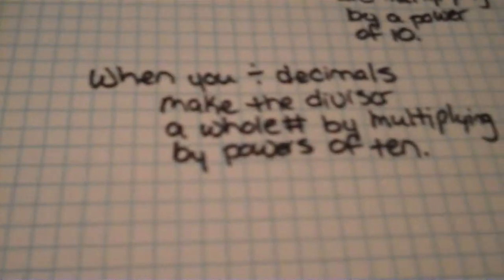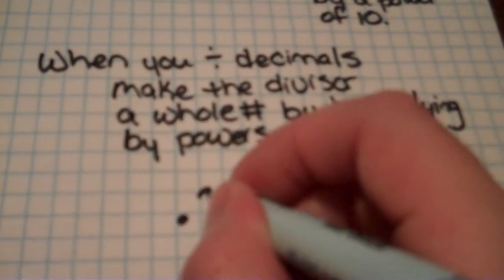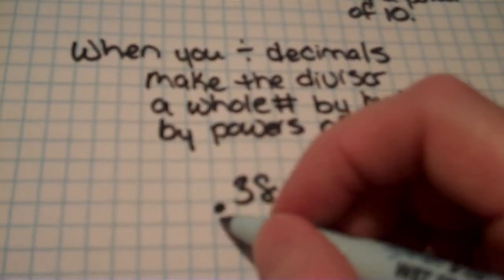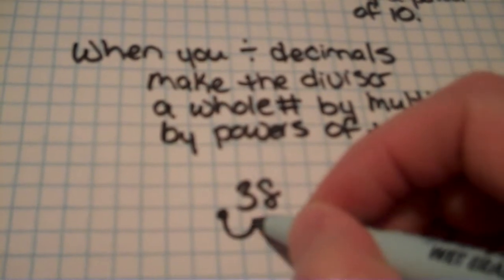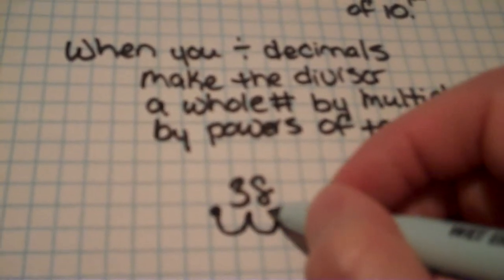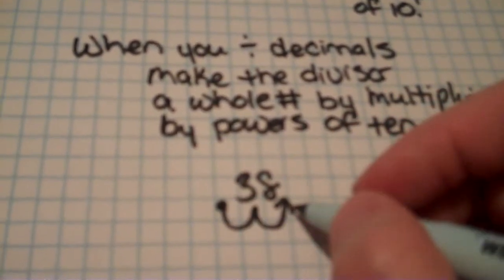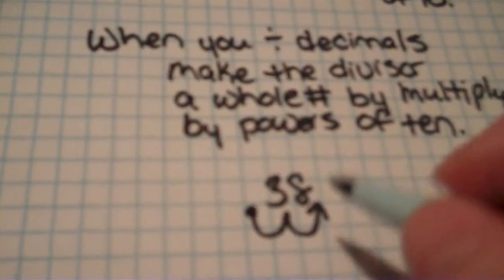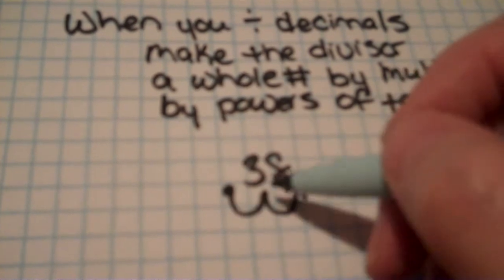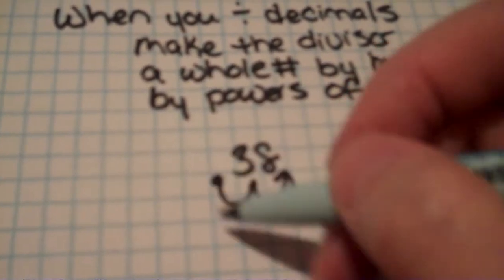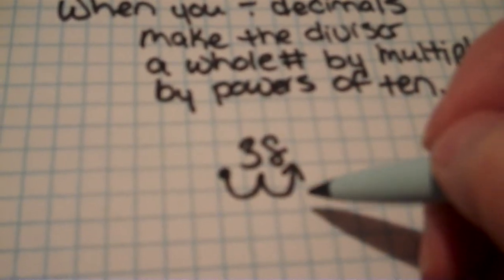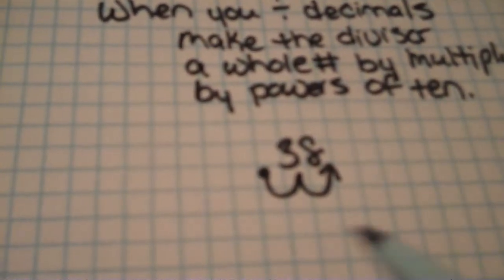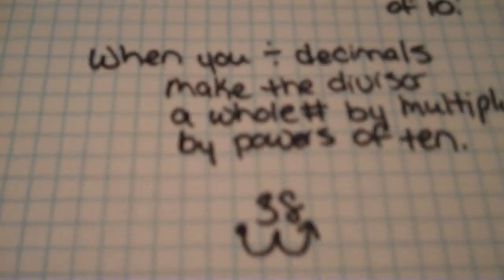Going back to that 0.38, if 38 hundredths was my divisor, I would need to move it 2 places to the right to make it a whole number, 38. If I move my decimal point 2 places to the right in the divisor, I also have to move that decimal point the same distance in the dividend.